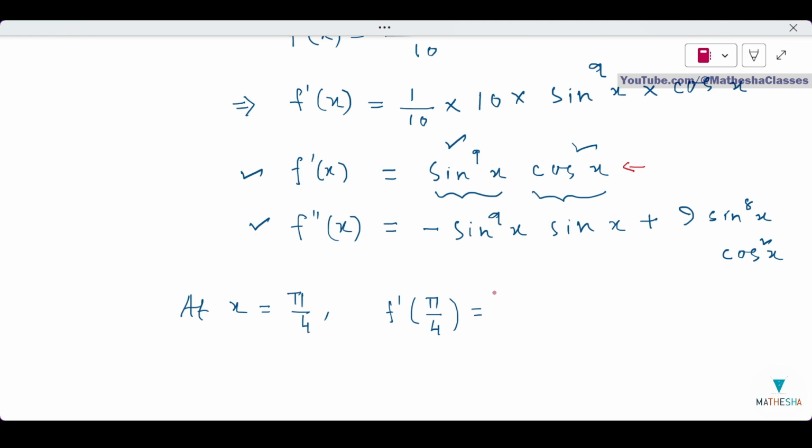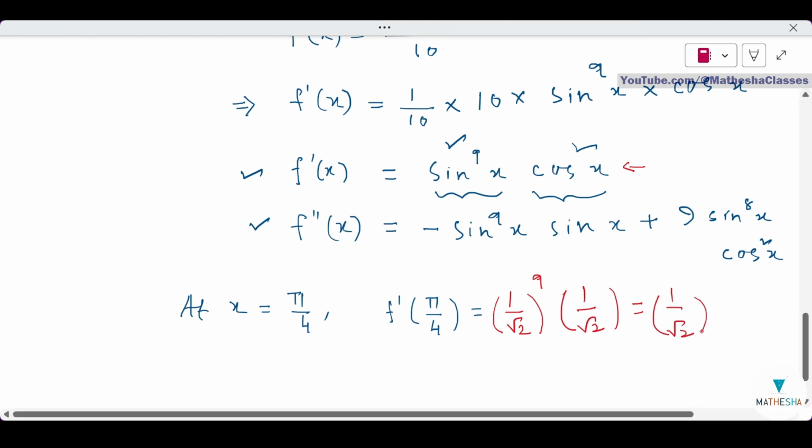So definitely you will be getting (1 by root 2) to the power 9 times 1 by root 2. So basically you are getting (1 by root 2) to the power 10.